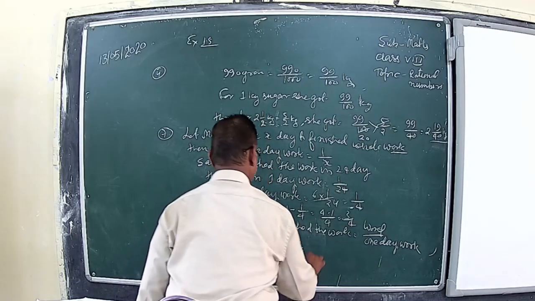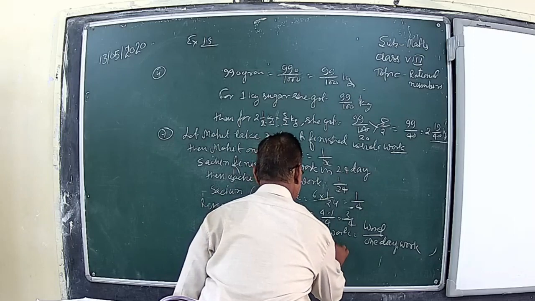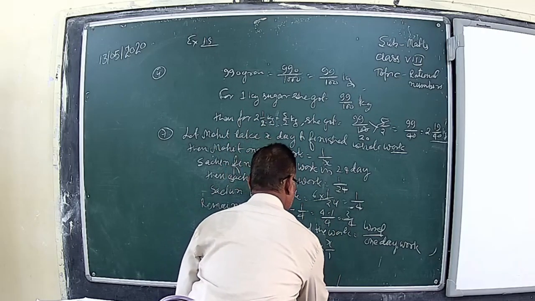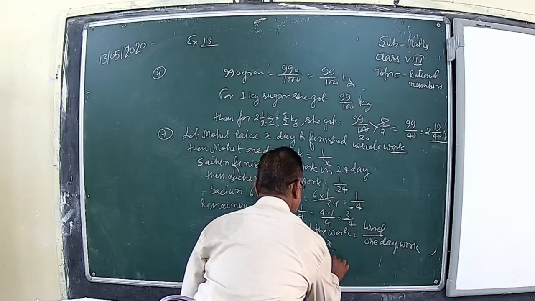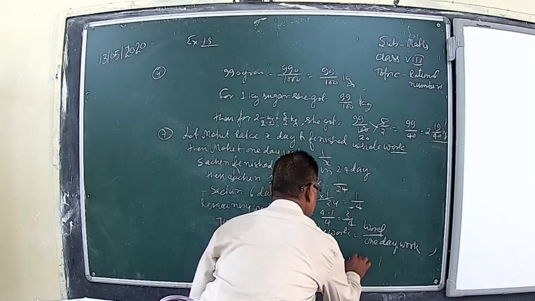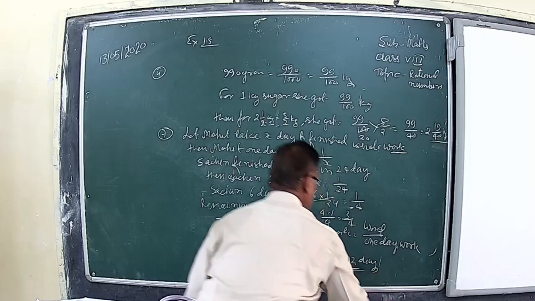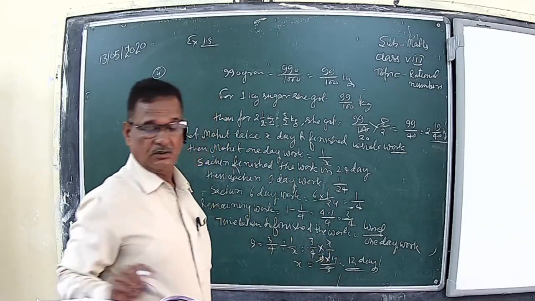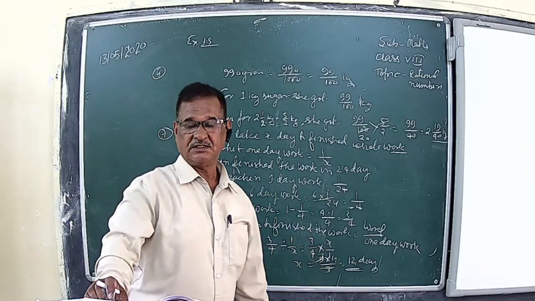So 9 is equal to 3 by 4 into x by 1, then x is equal to 9 into 4 by 3. 3 cuts 9 three times, then 12 days. So Mohit finished the entire work in 12 days.